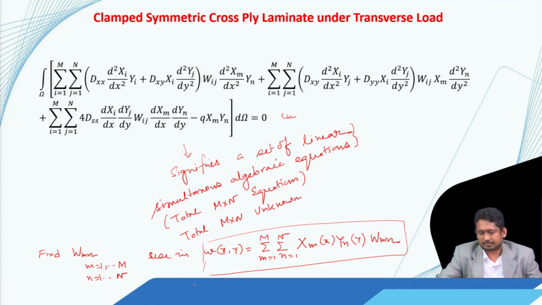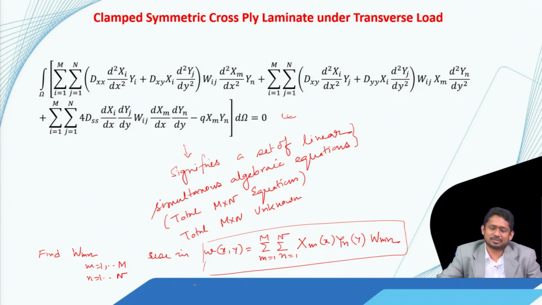Now, what we have seen in this week is that when we solve these differential equations, our goal is to write the solution as a series, and then finally we get a set of algebraic equations in terms of the unknowns in the series, and these algebraic equations are linear equations which we can solve and find out those unknown terms, and then by putting it back in the approximation, in the series form, we can get the solution.